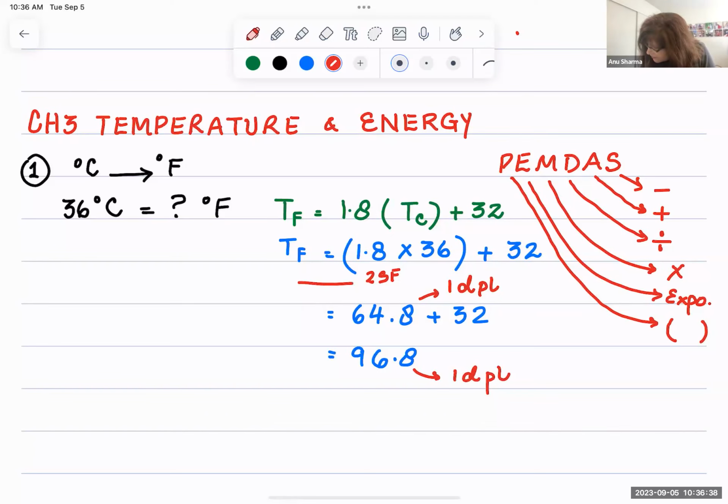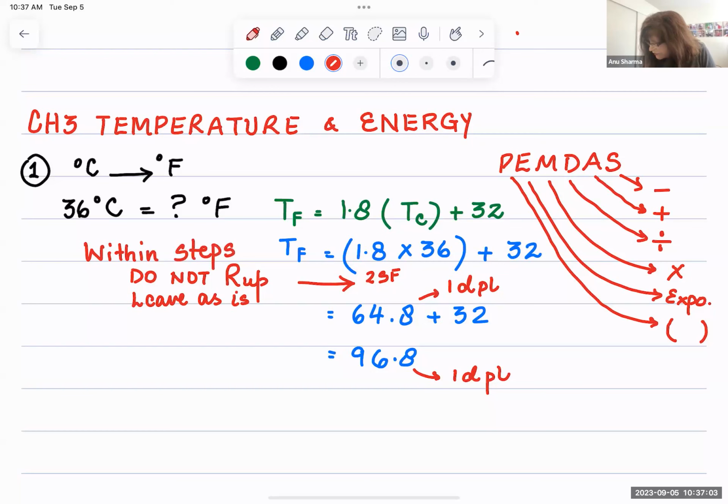Do not round up just because you want to get two significant figures, so leave the answer as it is. Within the steps, do not round up. Always leave it as it is.